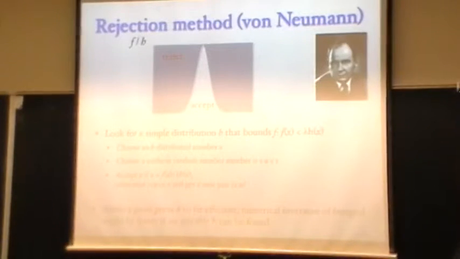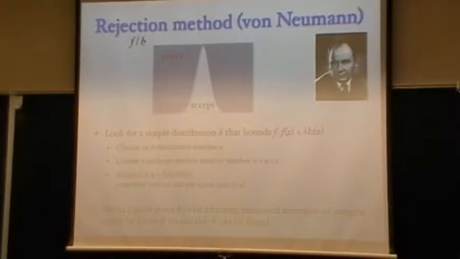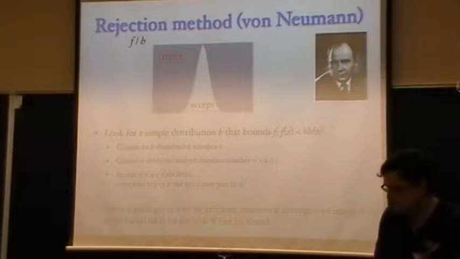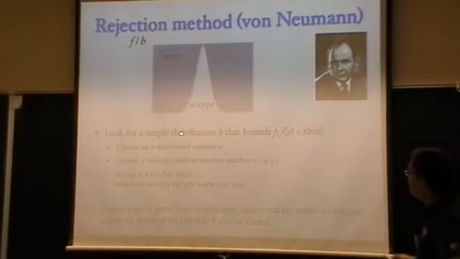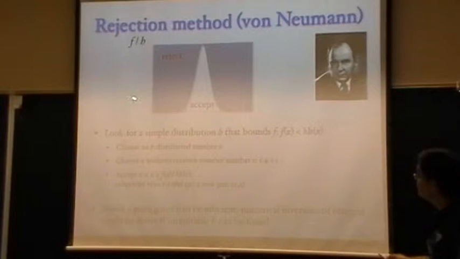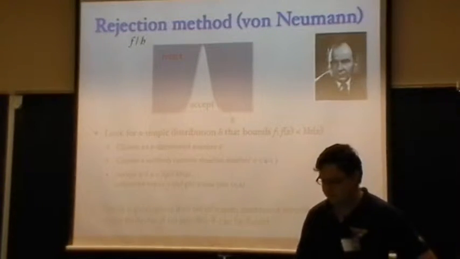In general, if we have a function that we can integrate and that we can invert, we use the rejection method by von Neumann. And what we do here is we draw our distribution function, and it needs to have some maximum. What we do now is we draw a random number somewhere on this axis, like here.